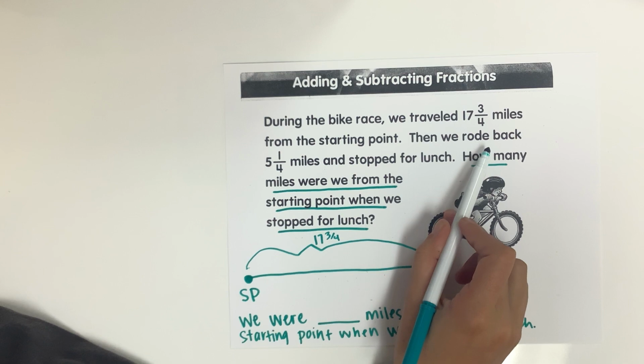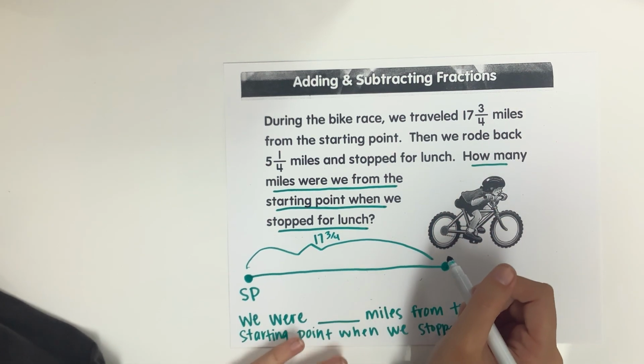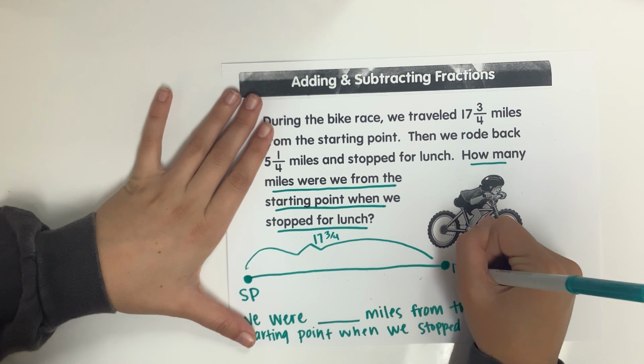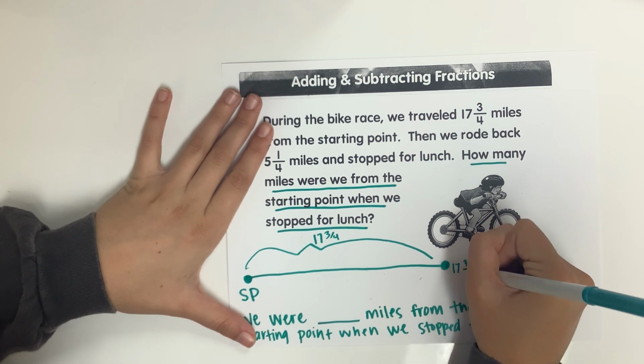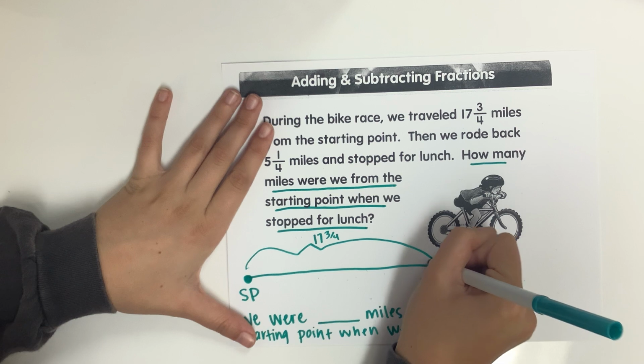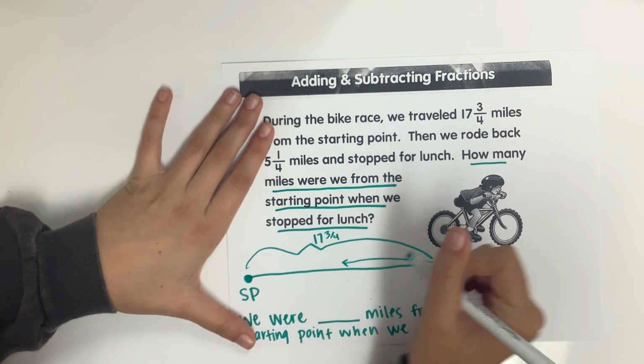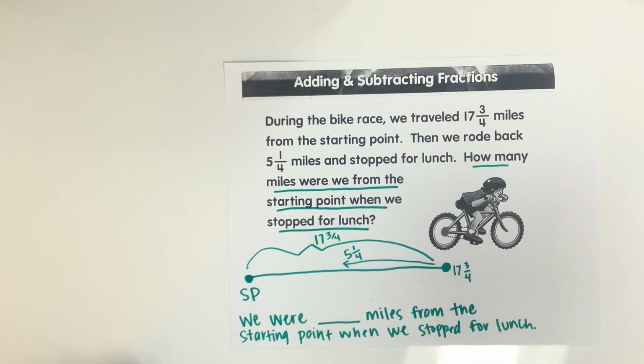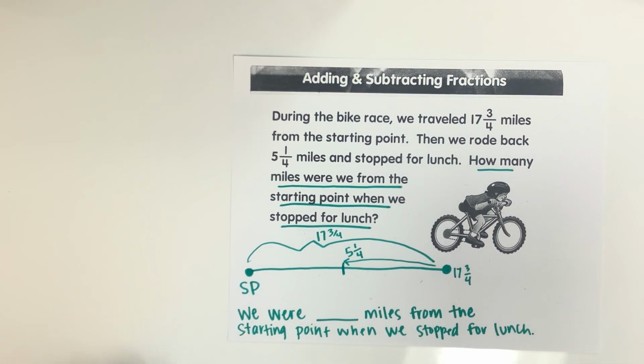Then we rode back 5 1/4 miles. So then if this is 17 3/4, they went back a distance of 5 1/4 of a mile. So let's just say that's right here. I don't really know if that looks very to scale.